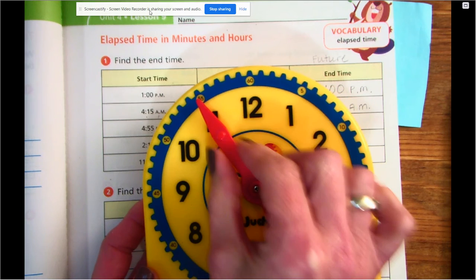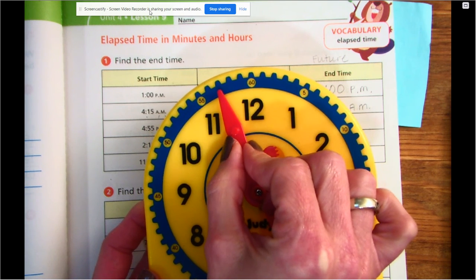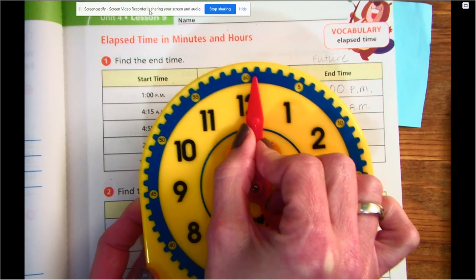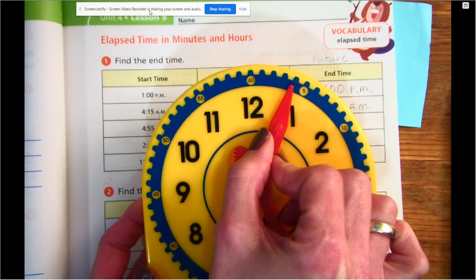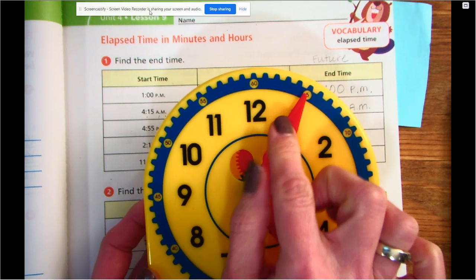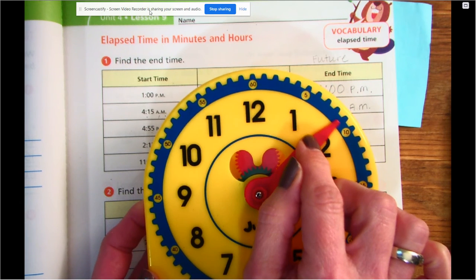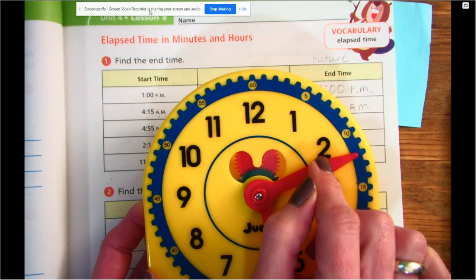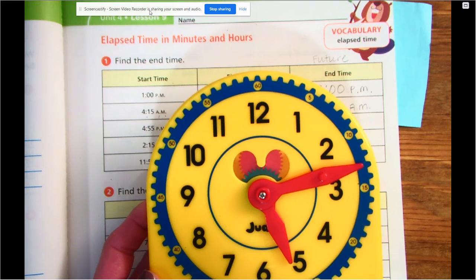I can count by ones. 1 minute, 2 minutes, 3, 4, 5, 6, 7, 8, 9, 10, 11, 12, 13, 14, 15, 16, 17, 18. I went 18 minutes. I added into the future.